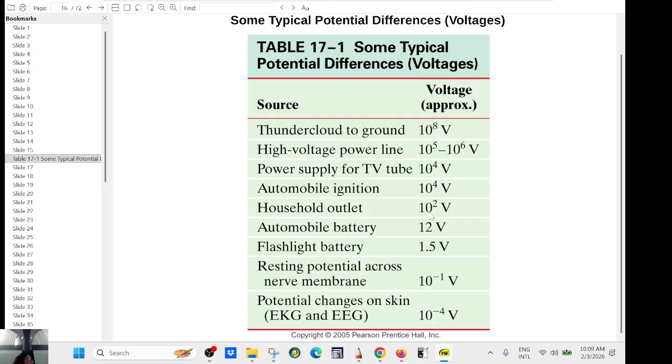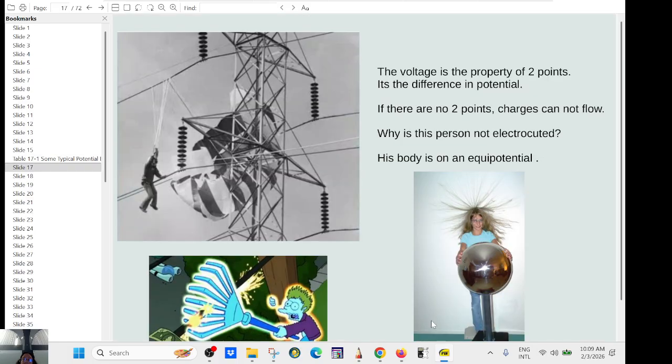So from the outlet, each coulomb has an energy of 120 joule relative to ground, because the outlet, there is no negative, right? It's the ground. It's coming back through the ground. EKG, something like this. It's all voltages.